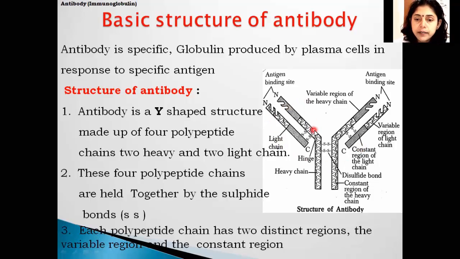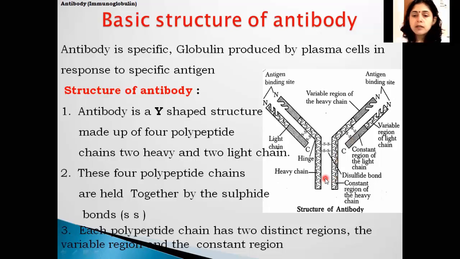In between the 2 heavy chains you can see the SS disulfide bond, labeled here. Then again, between the light chain and the heavy chain there is also a disulfide bond. Here also you can see the disulfide bond.